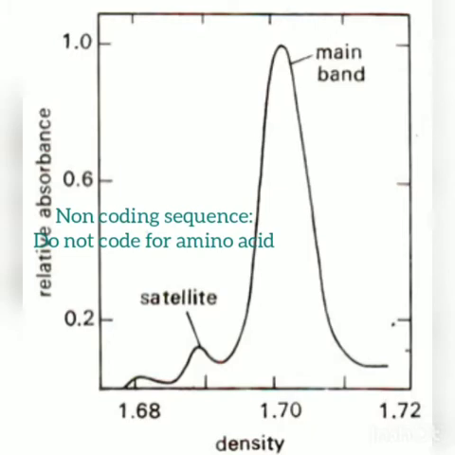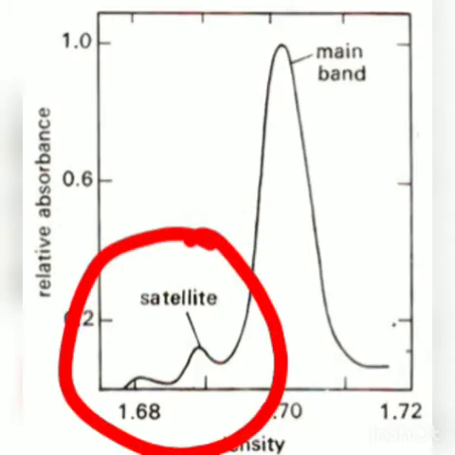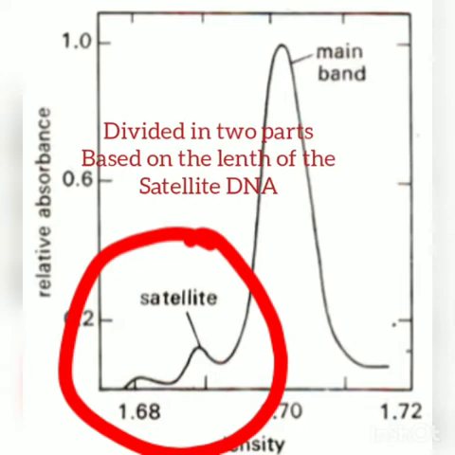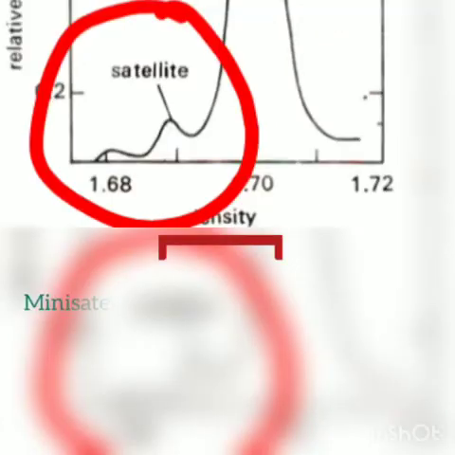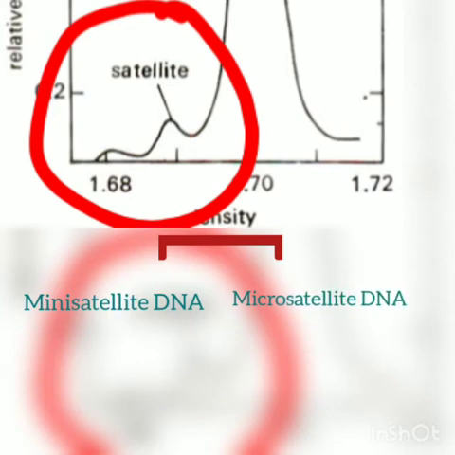junk DNA. The satellite DNA is divided into two parts based on the length: the mini satellite DNA and the microsatellite DNA.